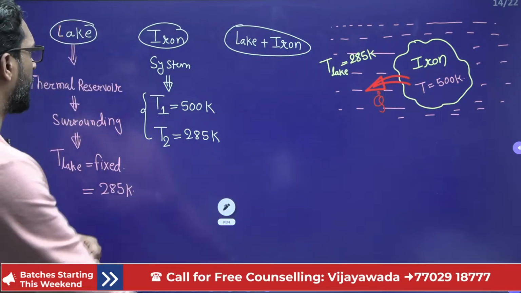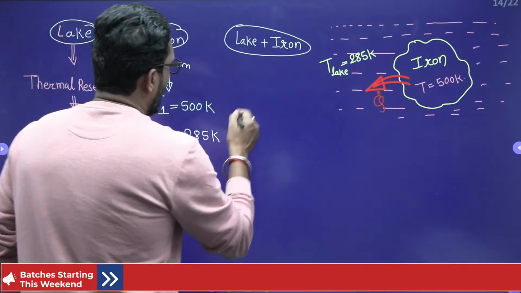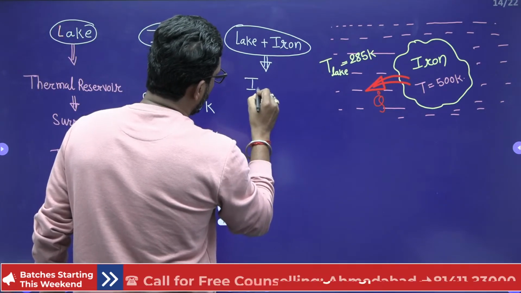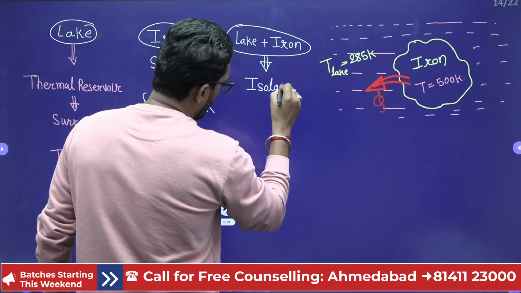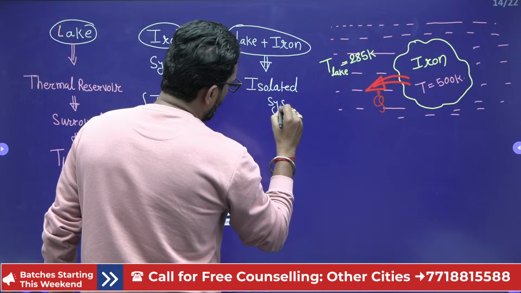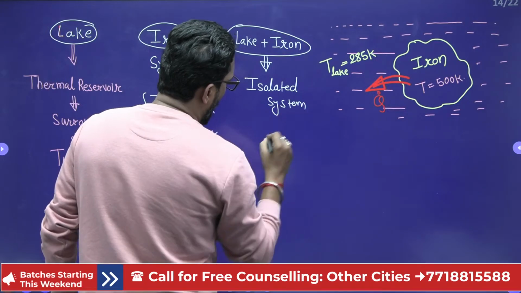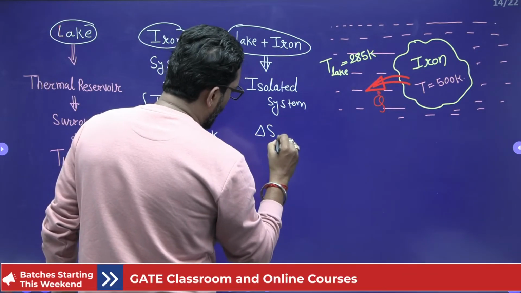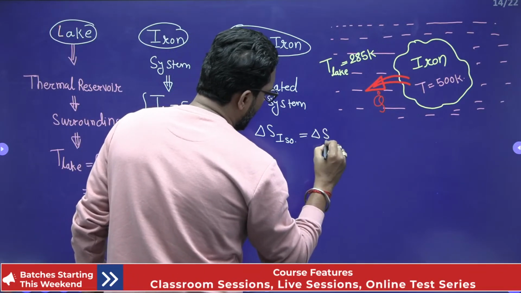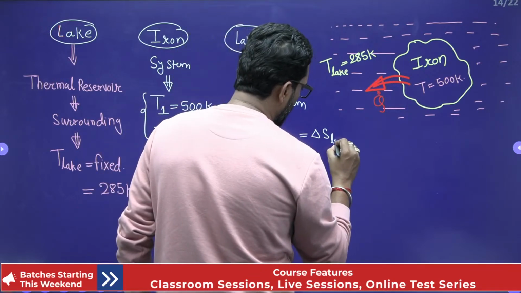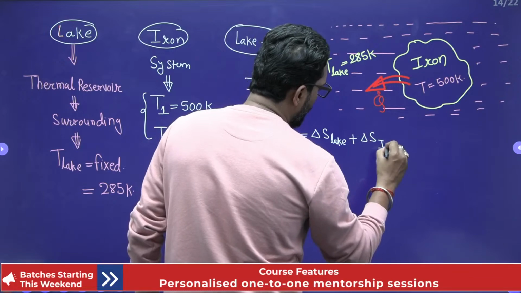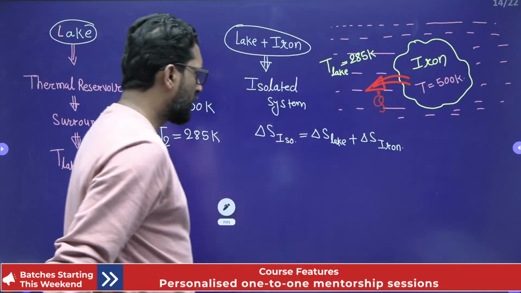Now lake plus iron acts as an isolated system, and we know that delta S of the isolated system is equal to delta S of the lake plus delta S of the iron, system plus surrounding.